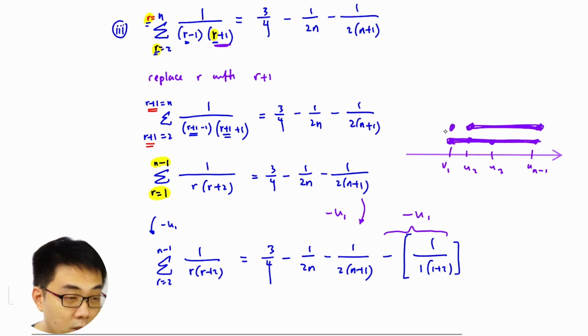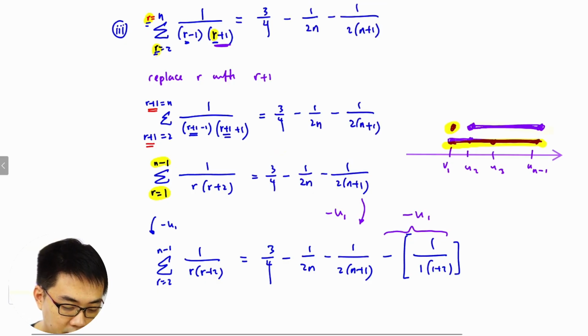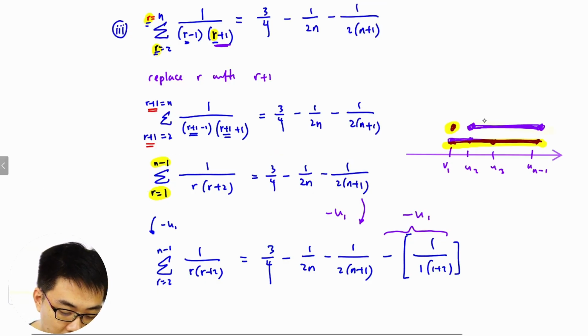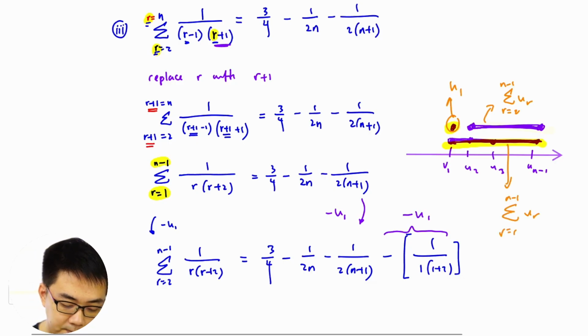You need to minus off the u1. Okay, so I minus off the u1 from this one so that I can get this over here. The number line would help you to see. But of course, try and not to use the number line after a while because it's faster. This is u1. And this is r equals to 1 to n minus 1 ur.